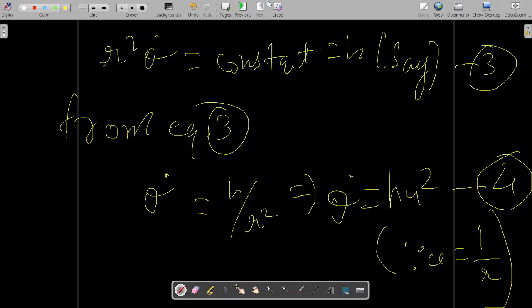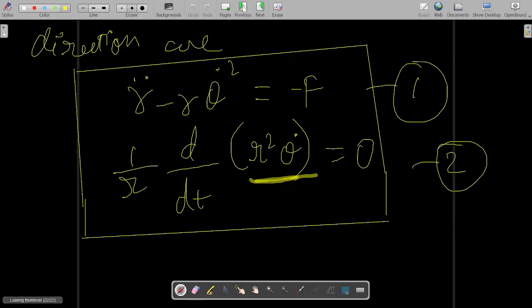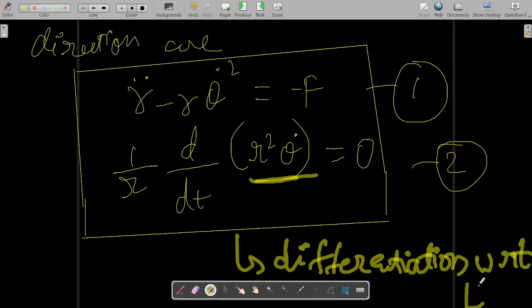Now r dot. What is r dot? By the definition of dot, it is single differentiation. All these terms are in terms of differentiation with respect to t.